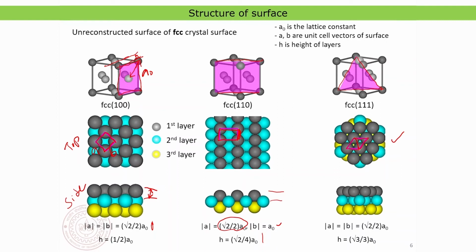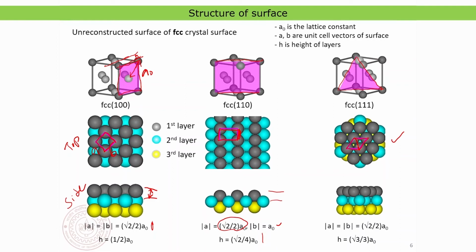Several such triangles put together make up the surface, and now you can see that the unit lattice of this one is an oblique, or you can call it a hexagonal packing.